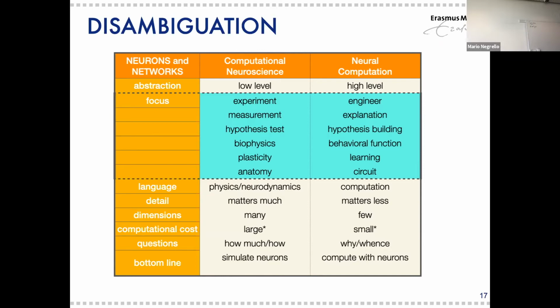We talk about plasticity, which is that neurons change, that synapses change, as opposed to learning. Right? So computational neuroscience is way more concerned with how exactly neurons change than how they change to acquire certain things. And here our focus is in anatomy, whereas here our focus is in circuit.